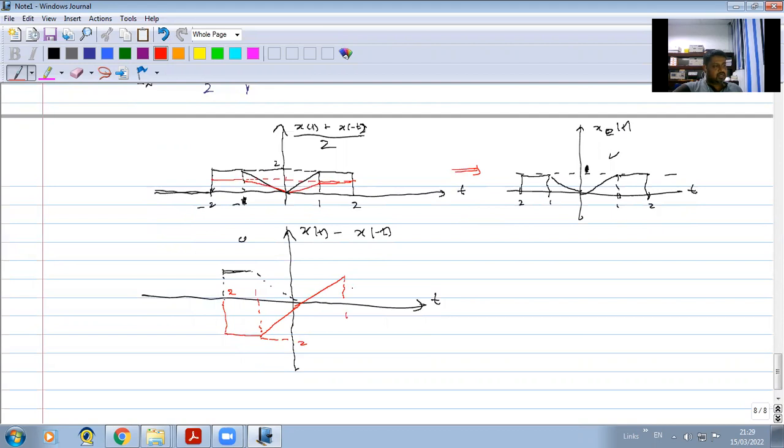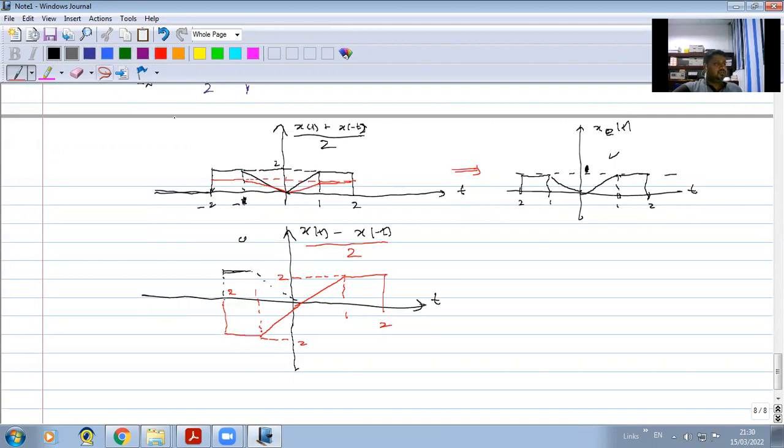This is up to 1, and this is up to 2. So you will get this 2. Okay. So this is the x(t) minus x(minus t), but for even parts, for odd parts, you have to divide this by 2.